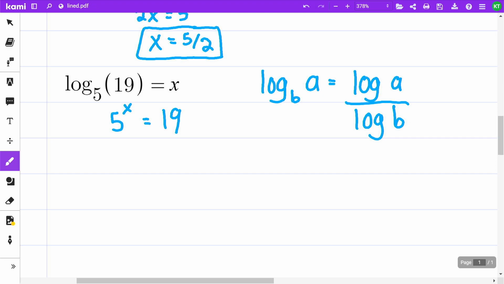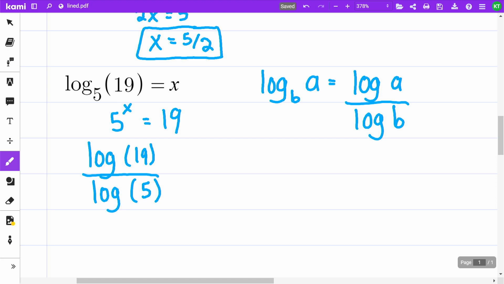So in this case, my log a would be log 19 divided by log of my base b, which is 5. Now we could go ahead and simplify this further, but I don't have a calculator handy right now. So we would just leave this in the form right here. But if you did have a calculator, you would just go ahead and plug this in, and then whatever you would get would be equal to x.